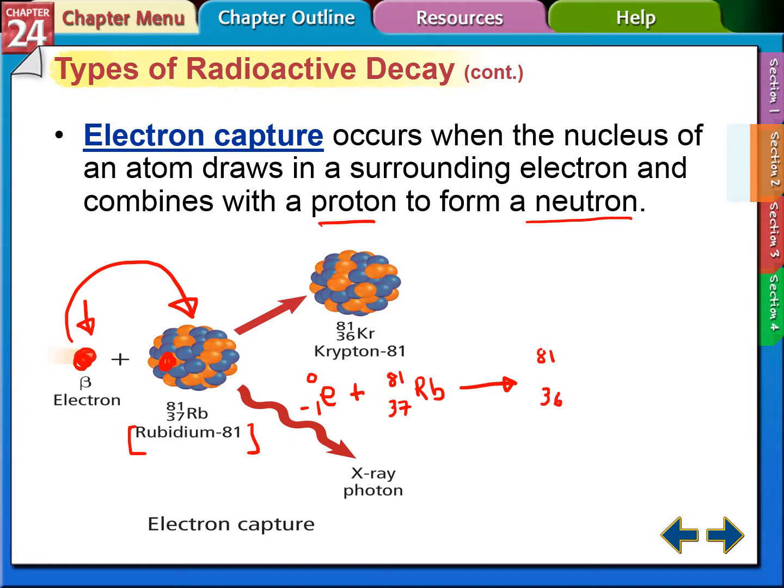That means our element, if we look at it in the periodic table, is krypton. In this example, an X-ray photon is produced in the electron capture, so we could write plus X-ray, but this is unique to this particular example.